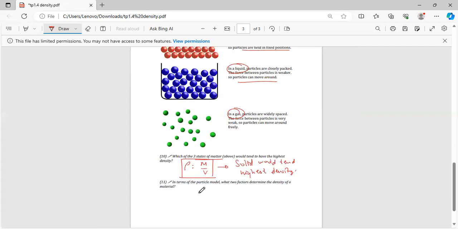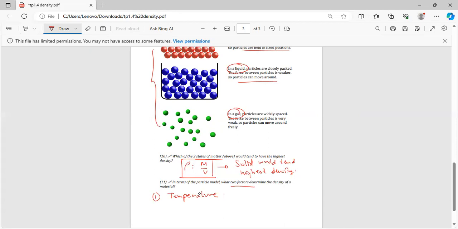Number 11, in terms of the particle model, what two factors determine the density of material? This is the theory of particles, right? So what two factors determine the density, besides the mass and the volume? The first one is temperature.